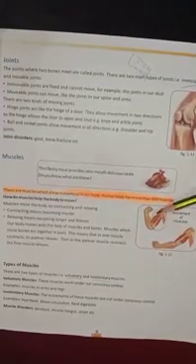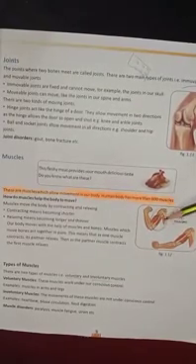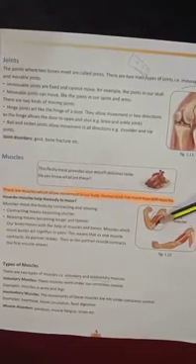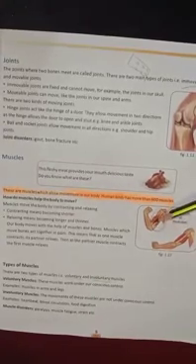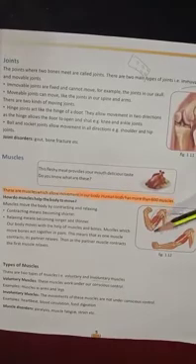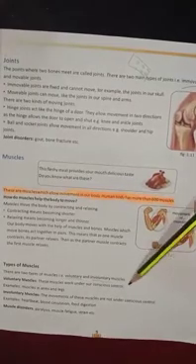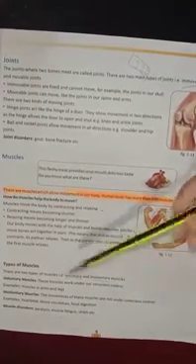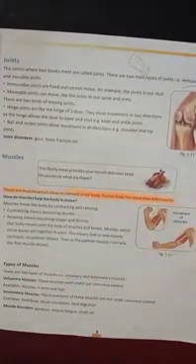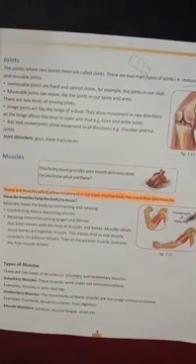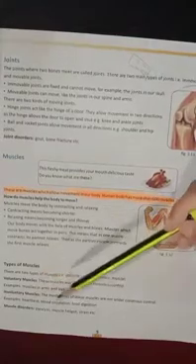If you don't want to, there is no need to. Why? Because your conscious mind is involved in it. These are under your control, so you can move your muscles according to your wish. So these are voluntary muscles, present in your arms and legs.